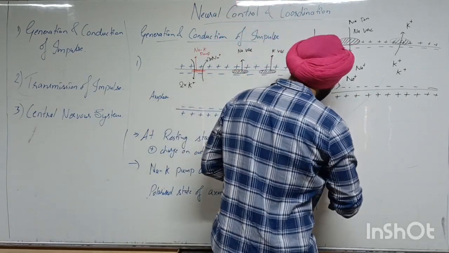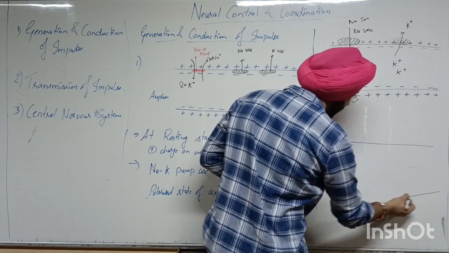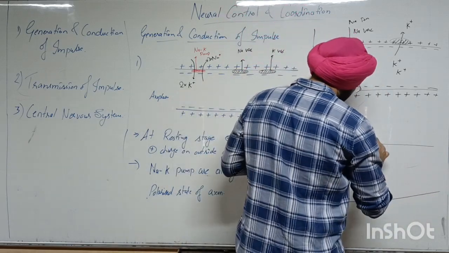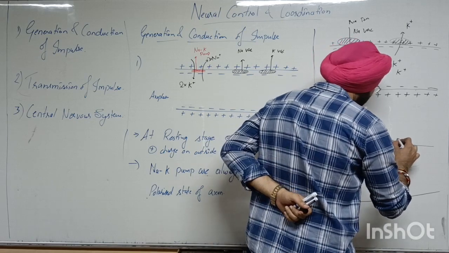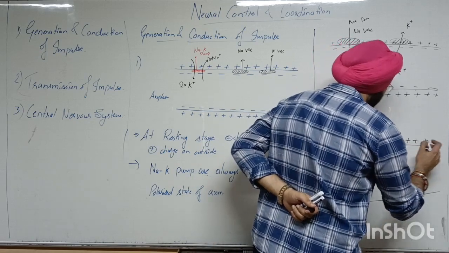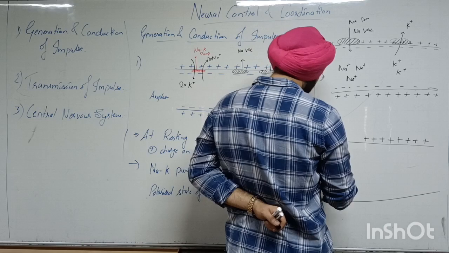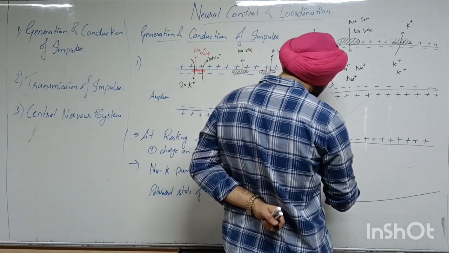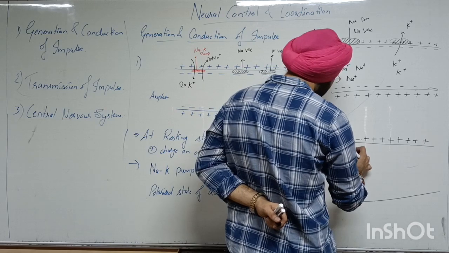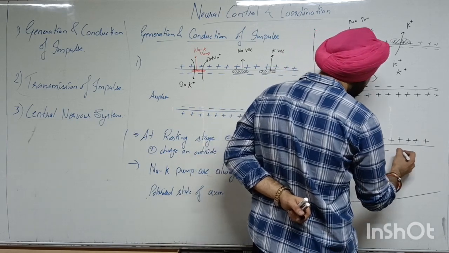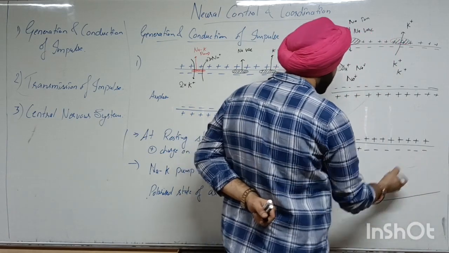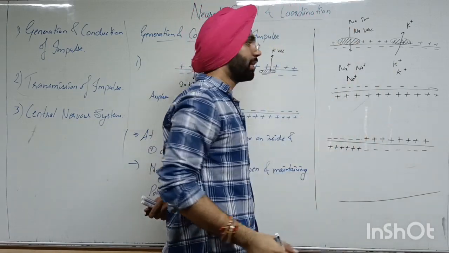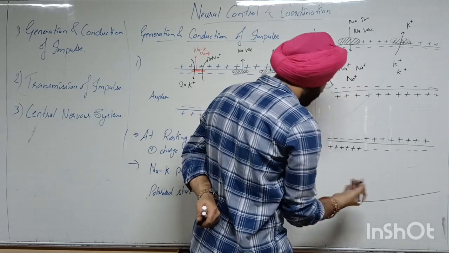So after some time, you can see, now this is your axoplasm. At the rest of the remaining membrane of the axon, you can see positive charge outside, but here you can see negative charge outside, and inside you are generating positive charge because sodium ions are continuously influxed by the sodium VGC, and potassium is outfluxed by the potassium VGC.